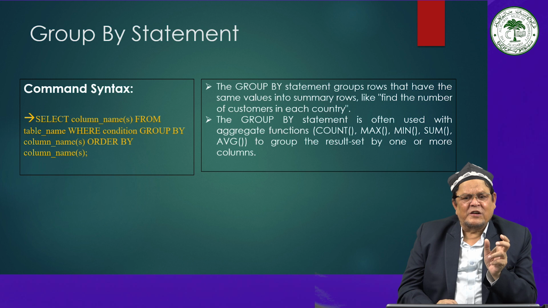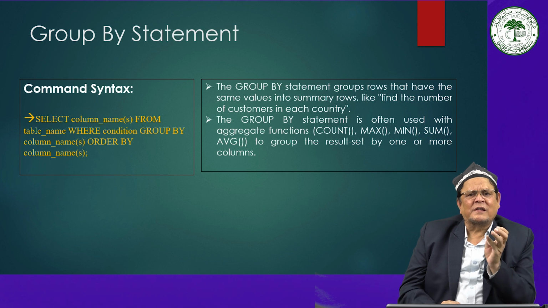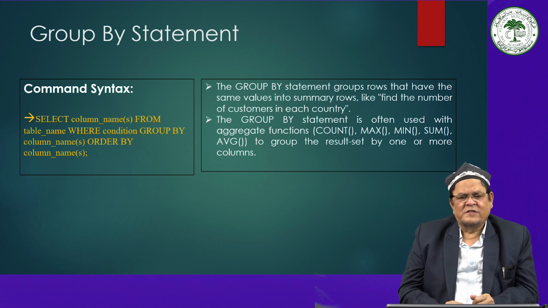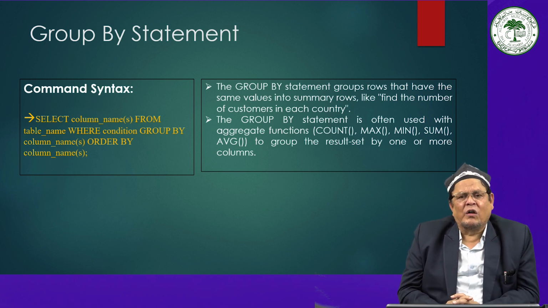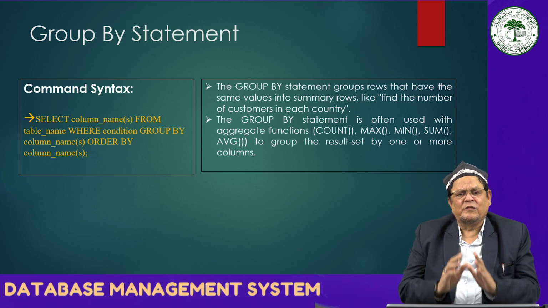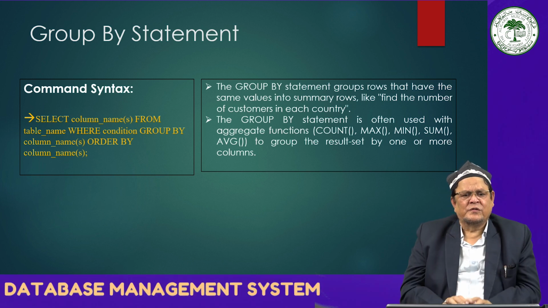The group by statement is often used with aggregate functions also. What are the aggregate functions? I have already discussed: count, max, min, sum, and average, to group the result set by one or more columns.